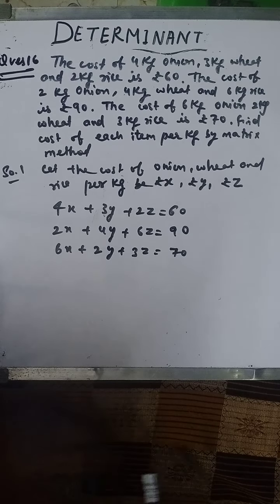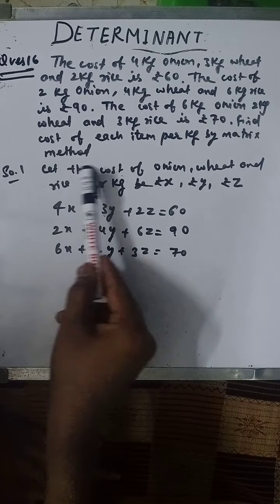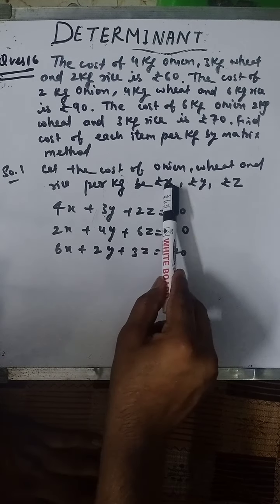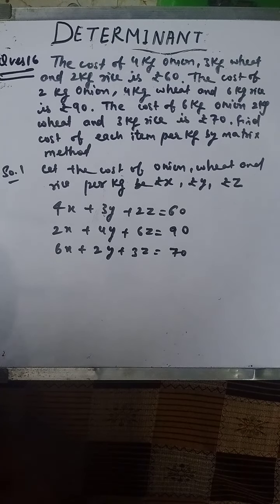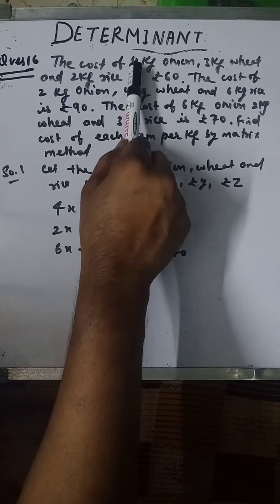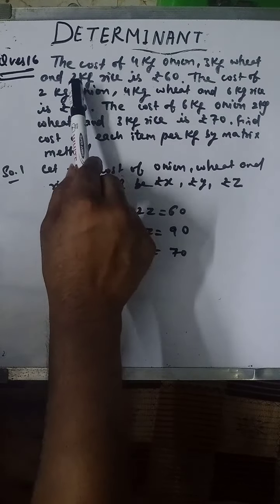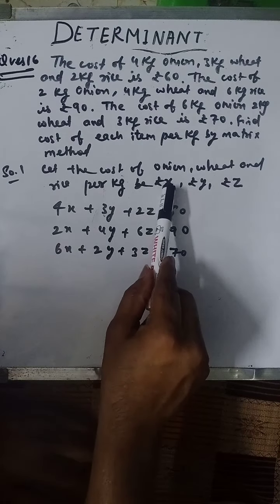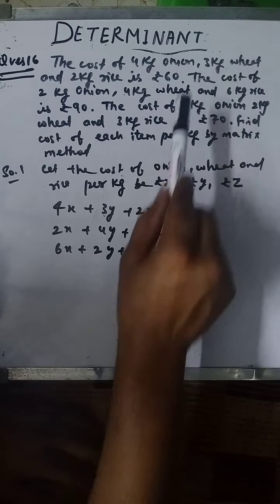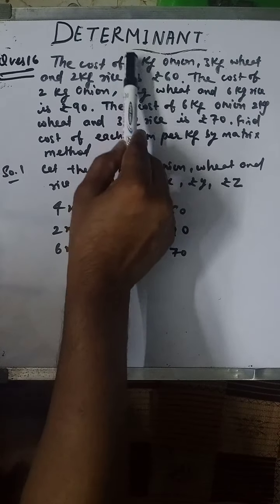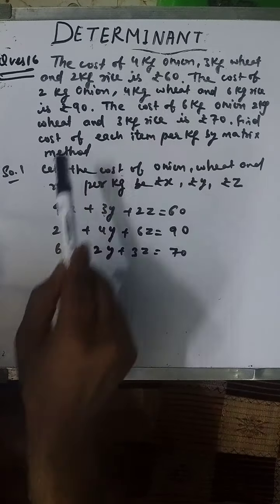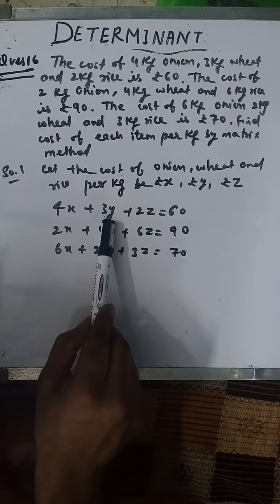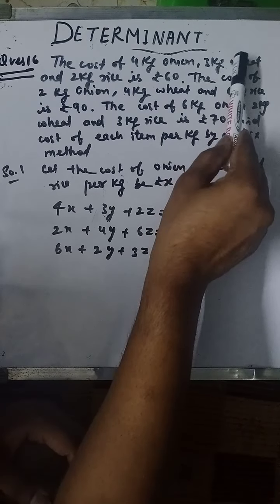Okay, so what I'm doing here, I'm just assuming that the cost of onion, wheat, and rice per kg be rupees x, y, and z. First, onion 4 kg, wheat 3 kg, and rice 2 kg. The cost of 1 kg onion is rupees x, so 4 kg onion is 4x. 3 kg wheat means 3y, because the cost of 1 kg wheat is rupees y.